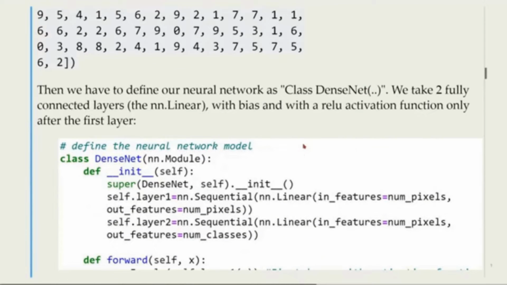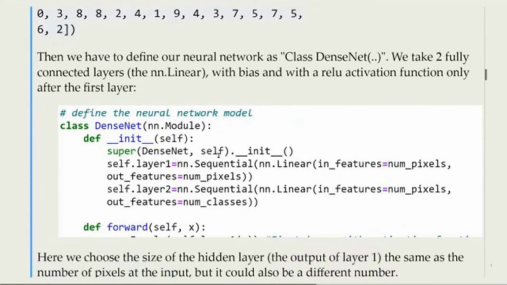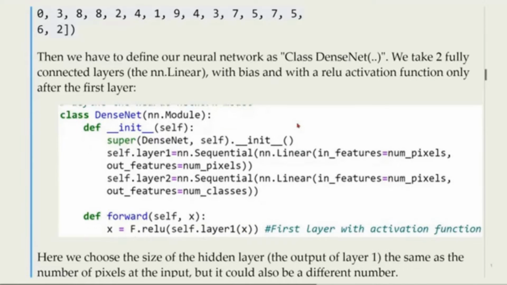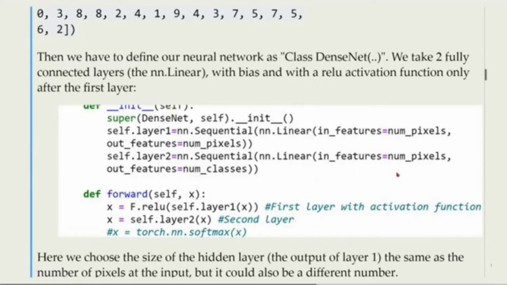We are defining our neural network model, and we have one layer where the input features are the number of pixels, 28 times 28, and the output features are also the number of pixels. Then we have another layer. Again, the input features are the number of pixels, but the output features are the number of classes.